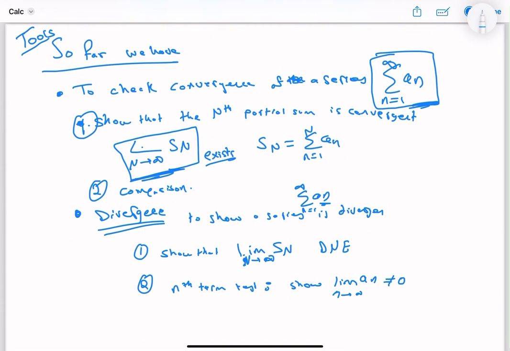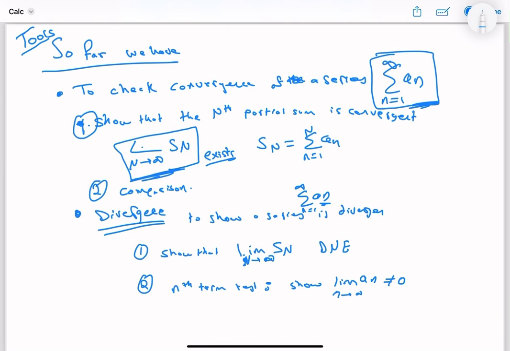So you take these partial sums and ask yourself, does the limit exist or not? Because remember, at the end of the day, a series is just a limit of the partial sums. I've been stressing this over and over again in the previous videos. So the first way of checking convergence is to check if the limit of the partial sum exists.